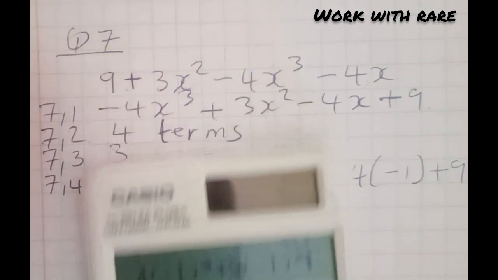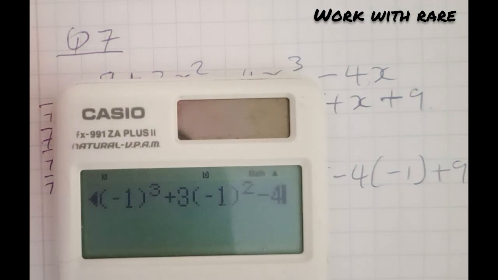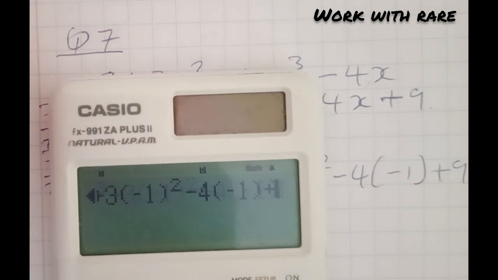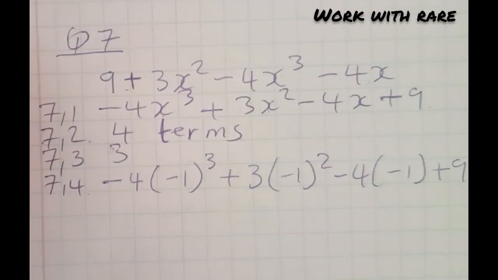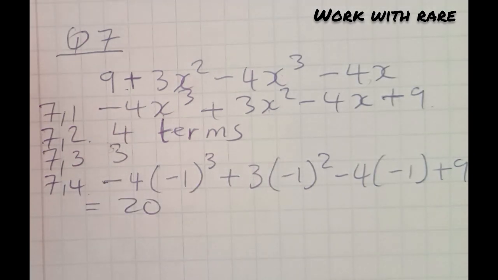Then minus 4 where I see x, I open the bracket, plus 9. So my final answer is 20. But this question was 2 marks, so 1 mark for substitution and 1 mark for your final answer. So that's how you should do it.